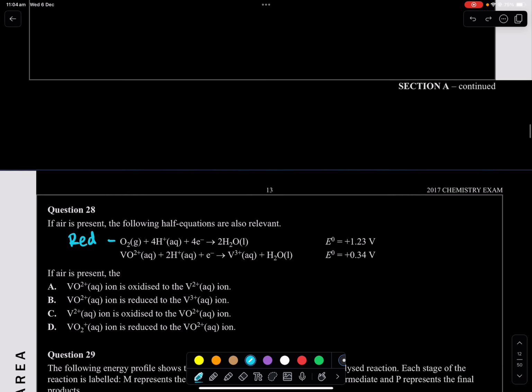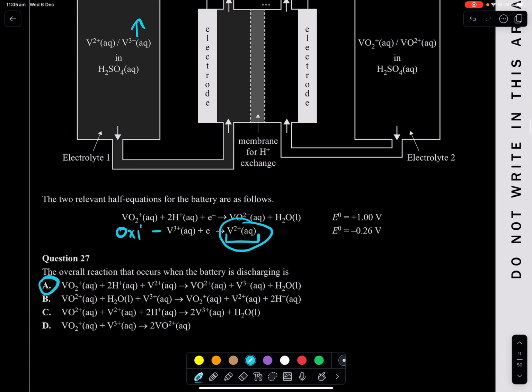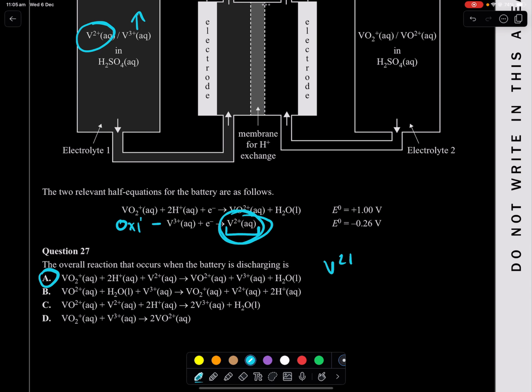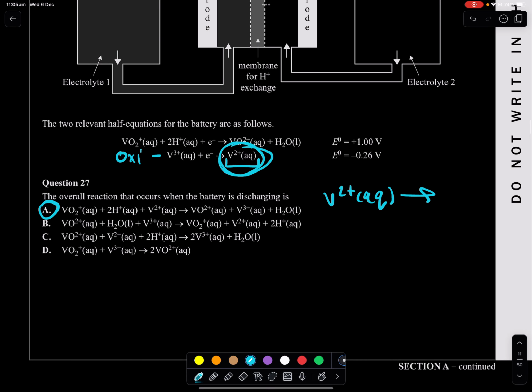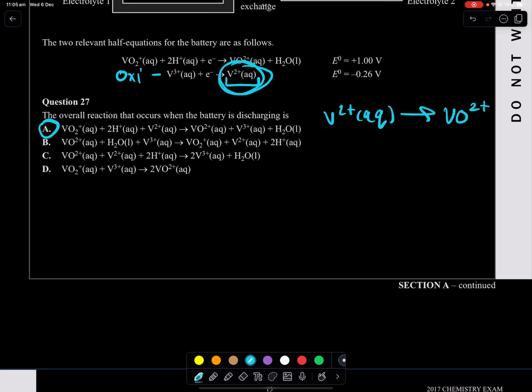So now it's going to go to this one over here, V3 plus, and it goes this way, and this V3 plus is going to create VO2 plus. In other words, when we started with V2 plus aqueous, it actually oxidized to VO2 plus.